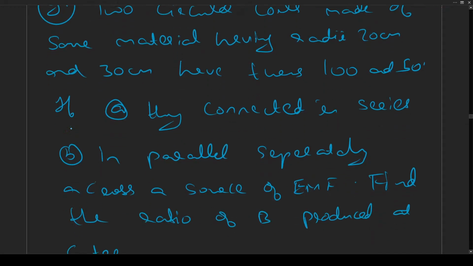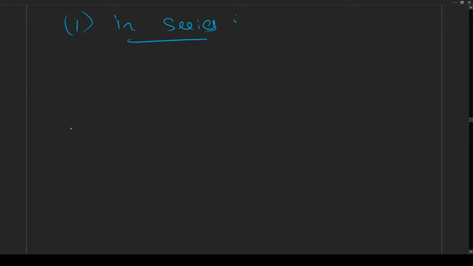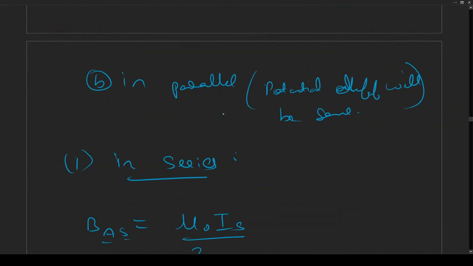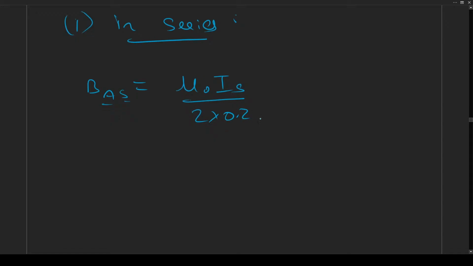Let's name the coils as coil A and B. Magnetic field due to coil A, let's call it BAS, where coil A in series, at center equals mu naught I by 2 times R, which for the first coil is 2 times 0.2 meter, and BBS, which is the second coil, mu naught I by 2 times 0.3.